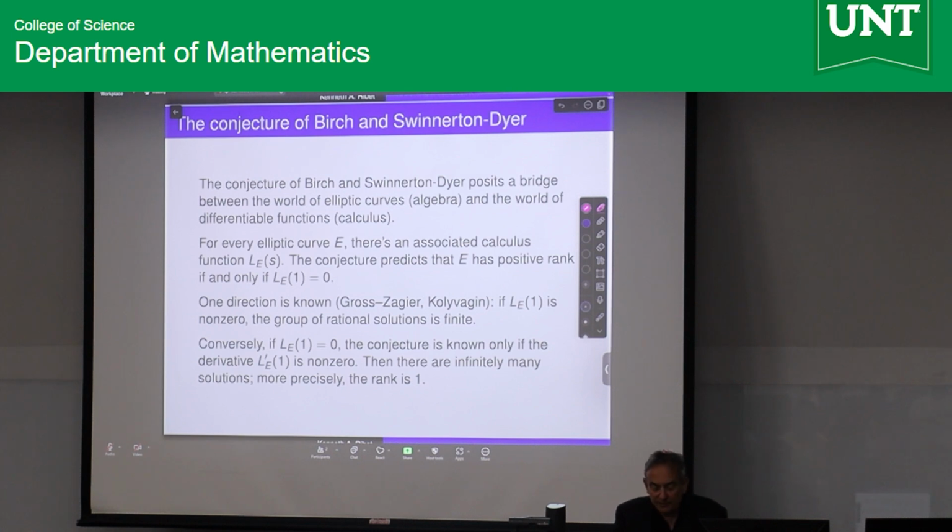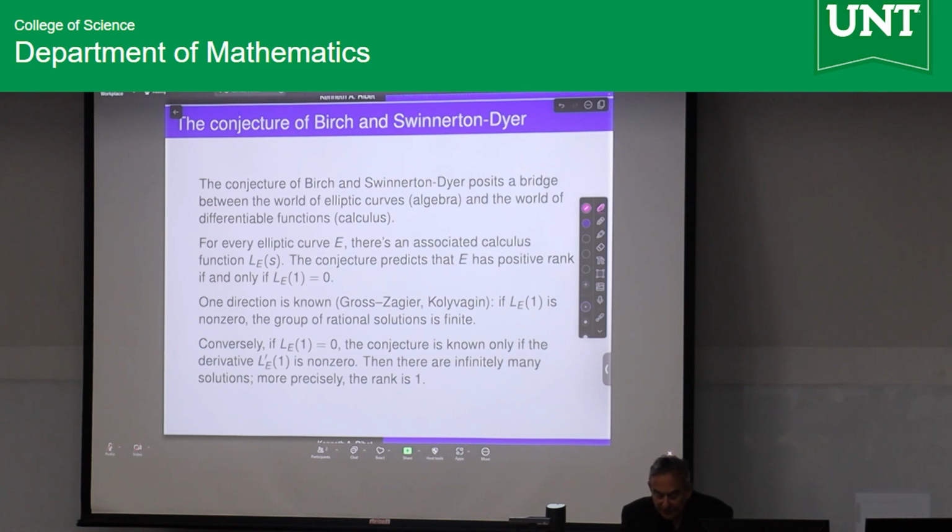And the conjecture involves a function in the sense of calculus, like sine of x, cosine of x, or e to the x. There are a lot of x's around, so the variable is called s. And this is the L function for the elliptic curve, capital L. And I don't even remember who first used that letter L. Probably a German mathematician in the middle of the 20th century.